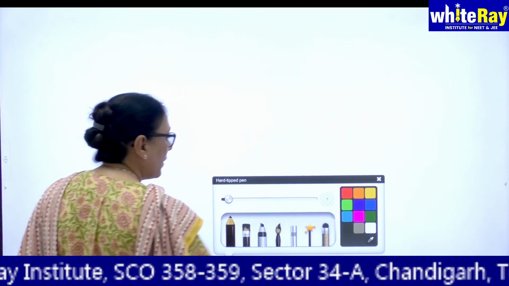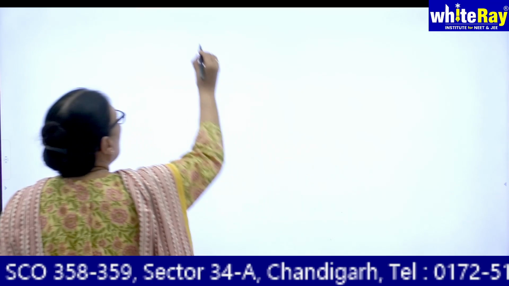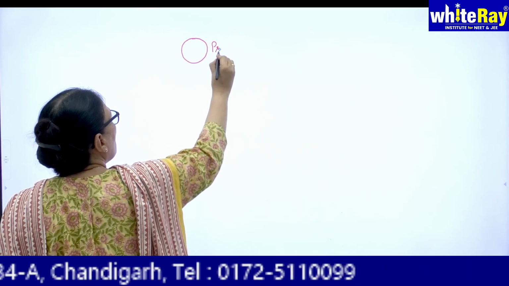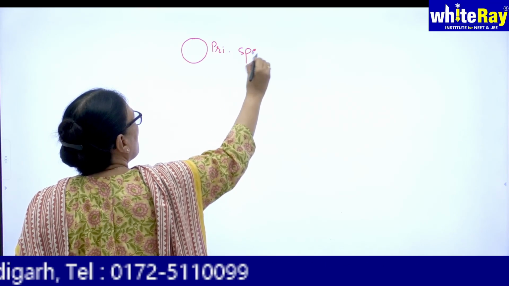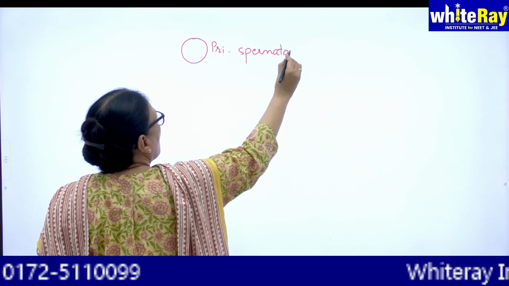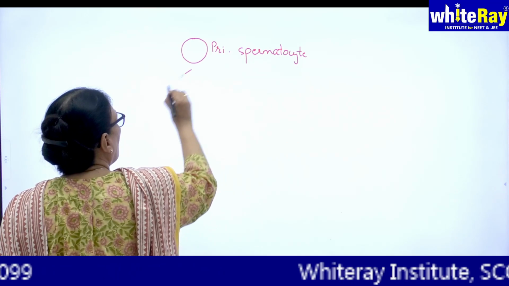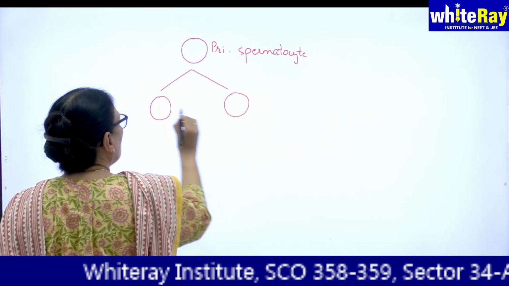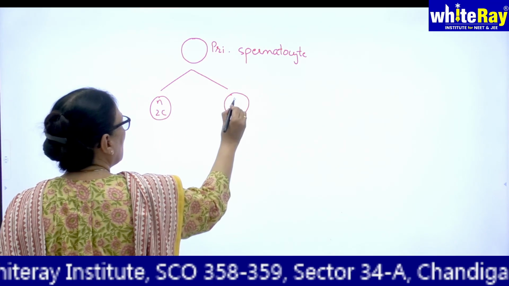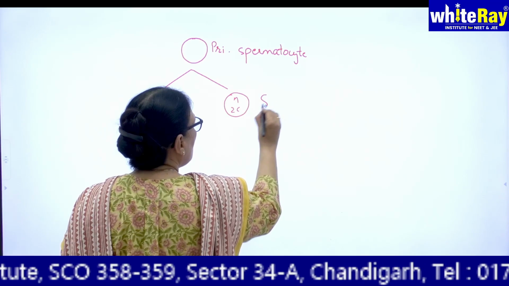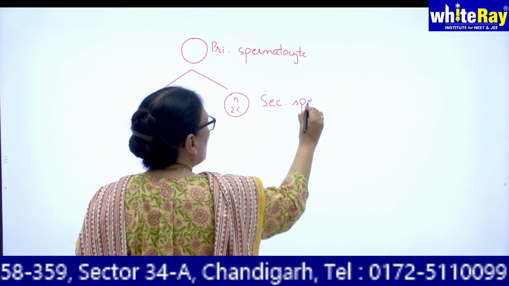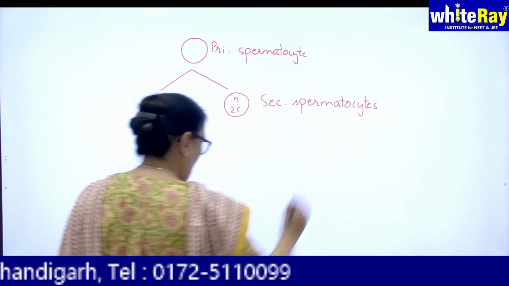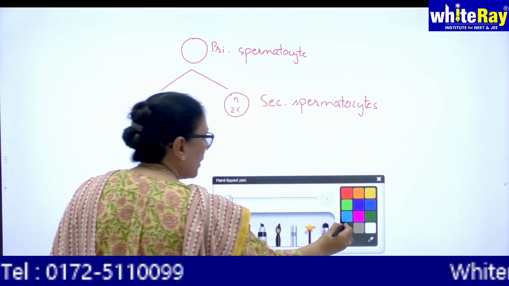Again repeating, we have a primary spermatocyte which undergoes meiosis 1 to form two secondary spermatocytes, and these are n, n, 2C.